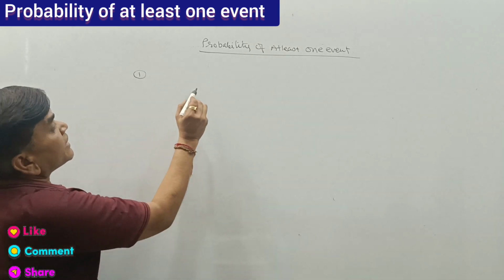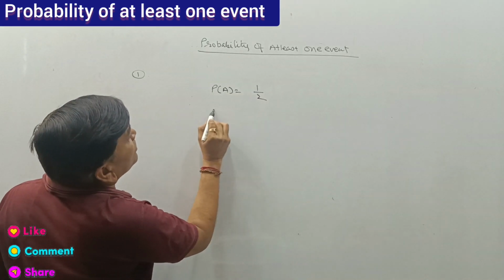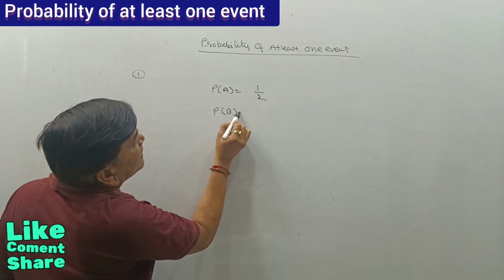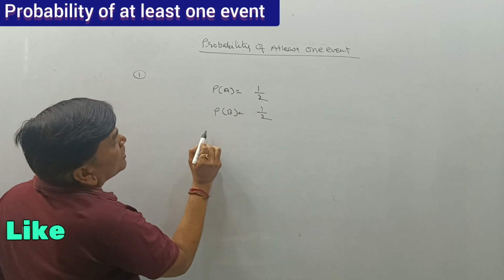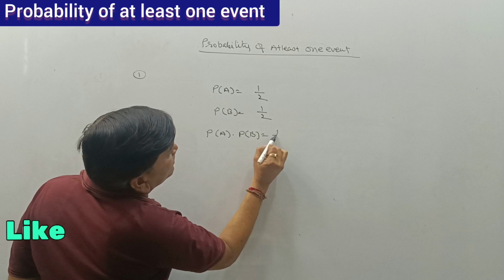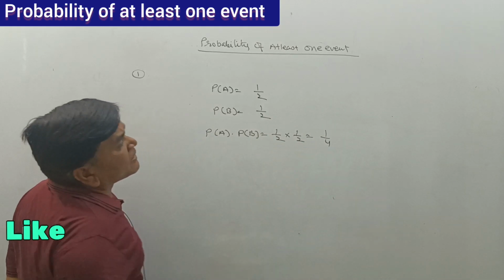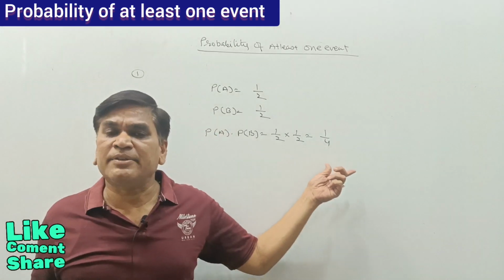Not getting a head in the first chance is 1 upon 2, not getting a head in the second chance is 1 upon 2, so not getting a head in both trials is 1 by 2 multiplied by 1 by 2, that is 1 by 4.